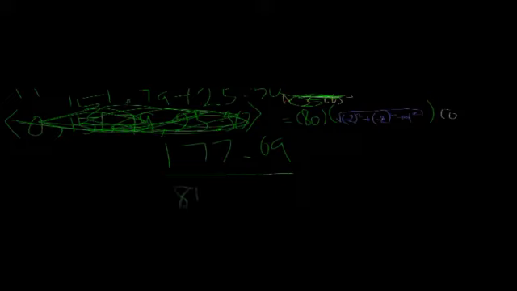80. What's the square root of 2 squared 4, negative 2 squared 4, negative 2 squared 4, that's 8, 9, this is 3. So 80 times 3. Let's do it all in one step.